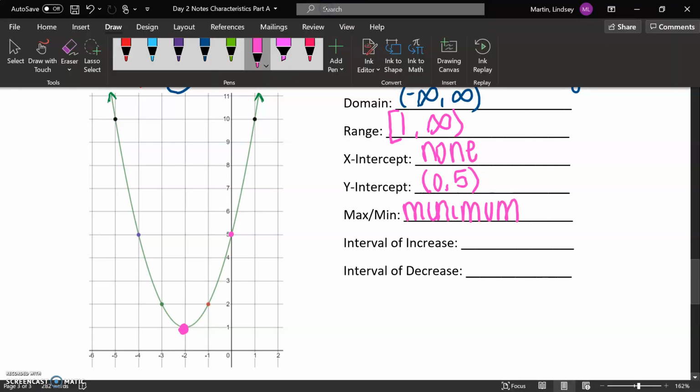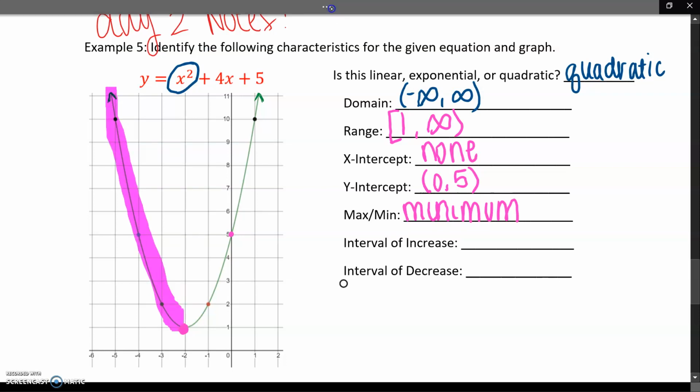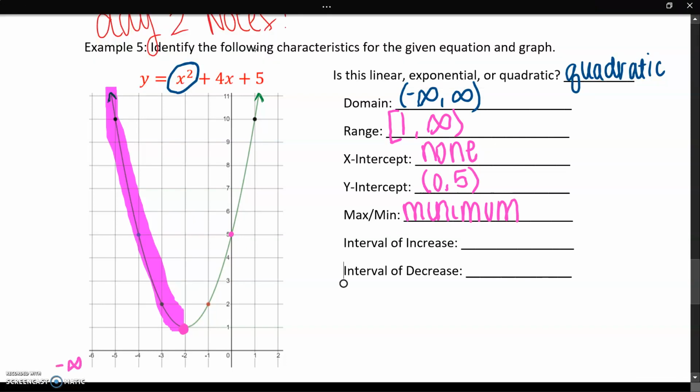And now for the fun part, increase and decrease. You notice on the left side, all the way to my vertex, my graph is going down. So from negative infinity all the way to my x value of -2, I am decreasing.